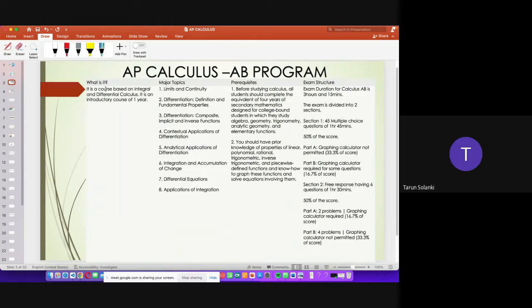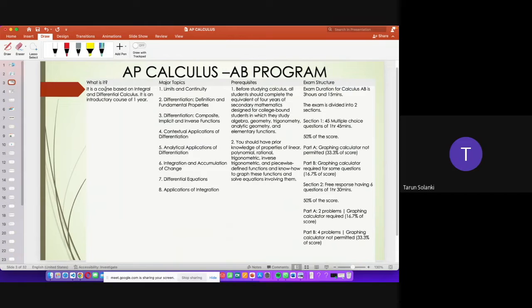Now, the purpose of this course: an AP course in calculus consists of a full high school academic year of work that is comparable to calculus courses in colleges and universities. It is expected that students who take an AP course in calculus will seek college credits, college placement, or both from institutions of higher learning.